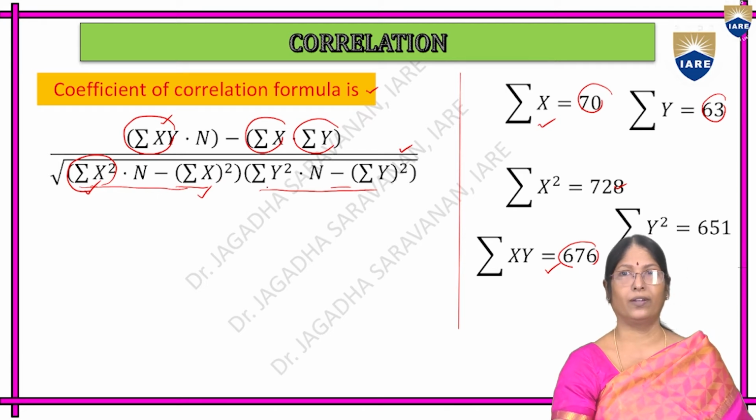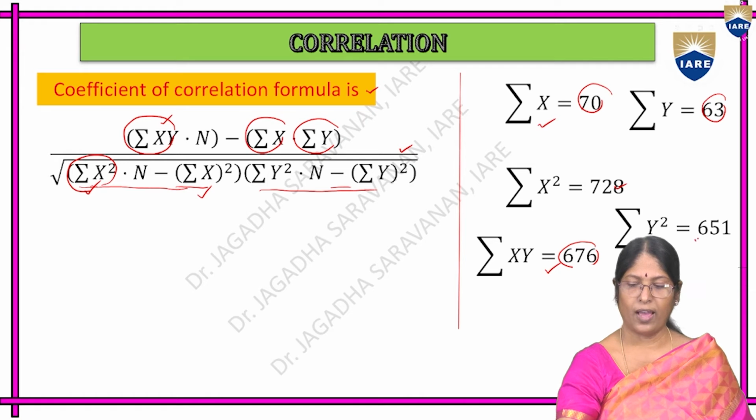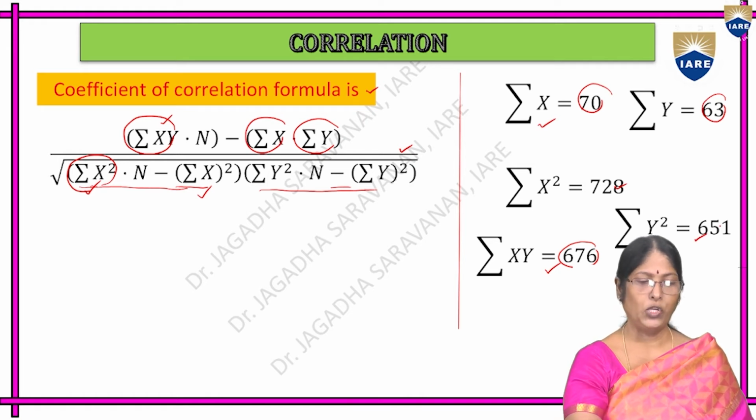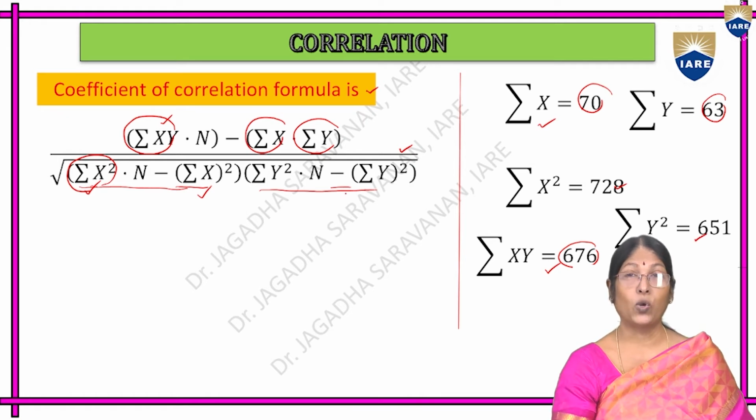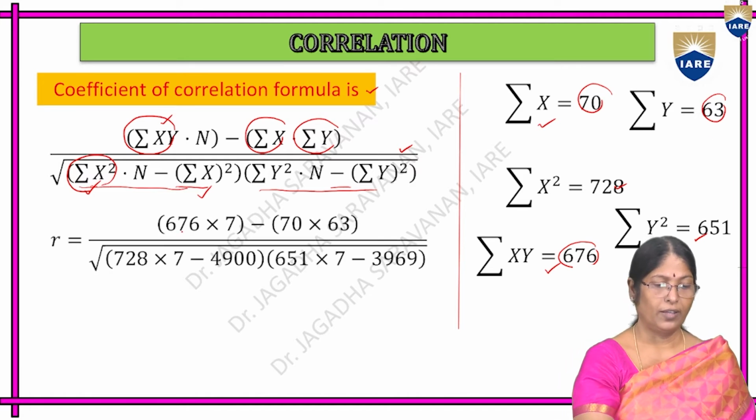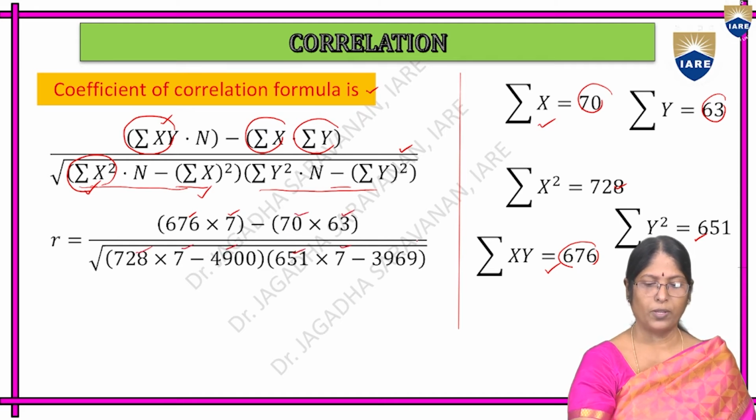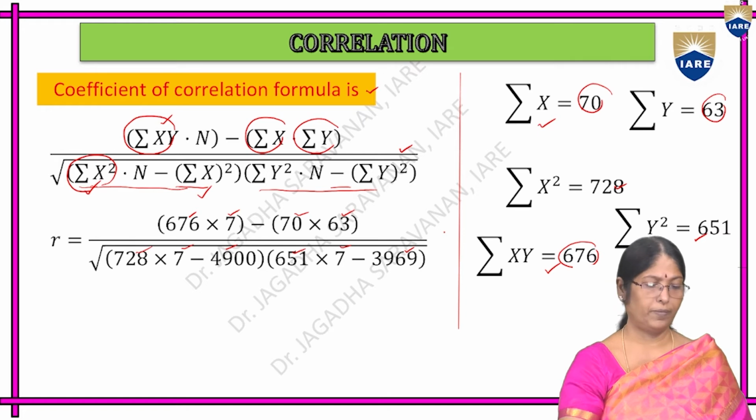Summation y square is 651 into n minus summation y the whole square. So here 63 the whole square. We can see it. Now we have substituted all the values we have discussed.